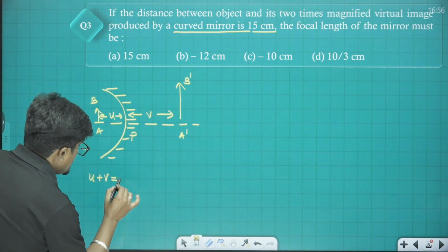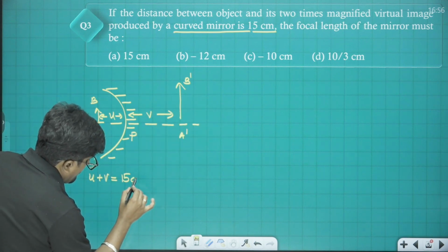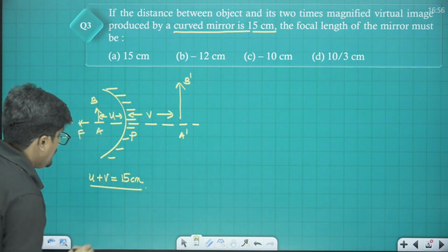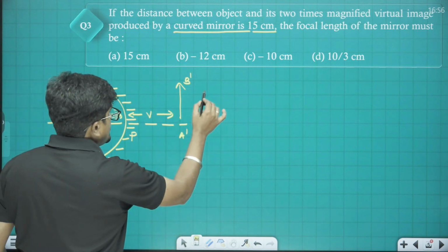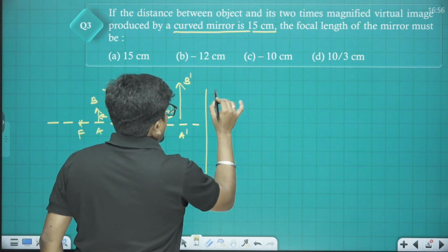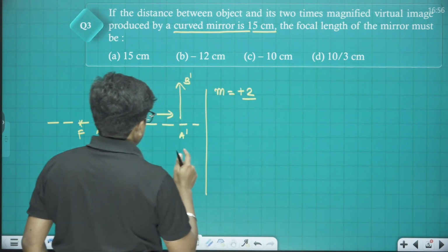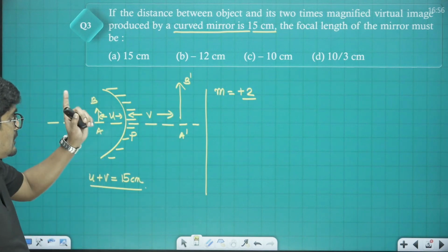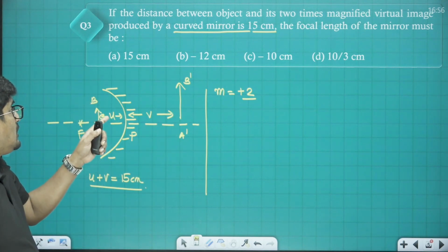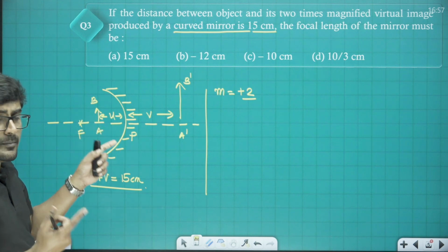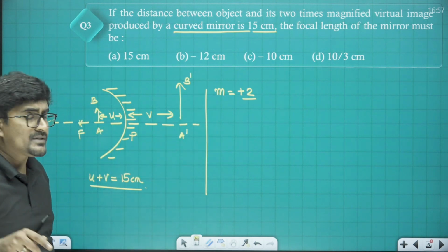It's marked as 15 centimeter. This much is equal to 15 centimeter, isn't it? Now magnification M is equal to plus 2. It's erect, isn't it? And double the size, that's why I'm marking it as plus 2.